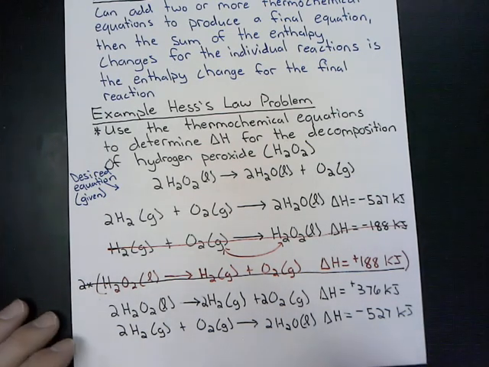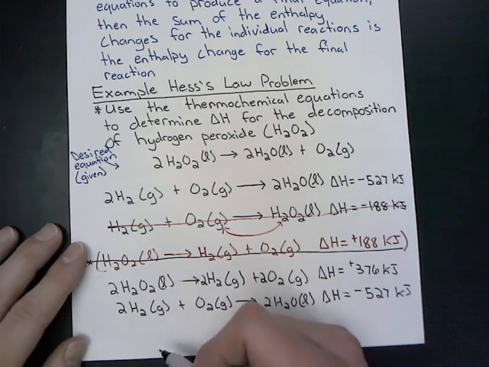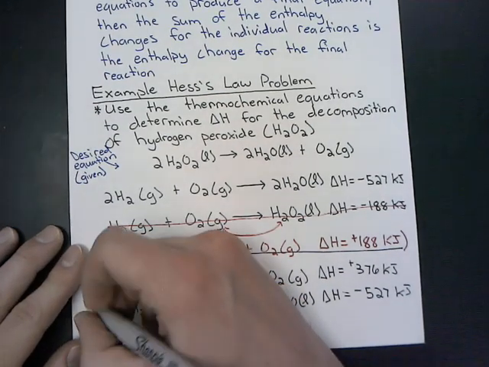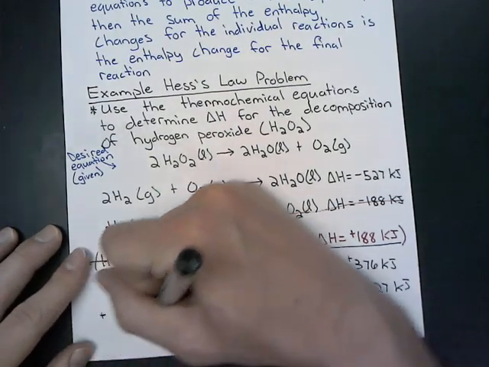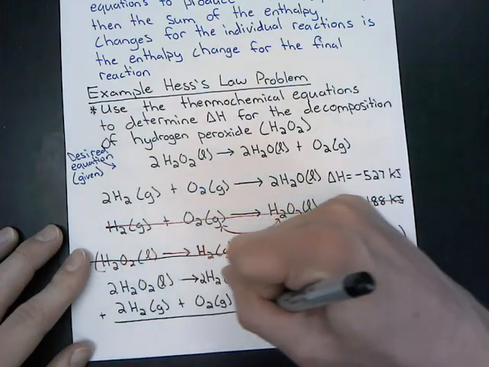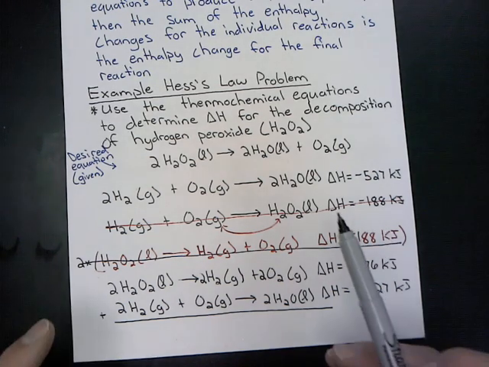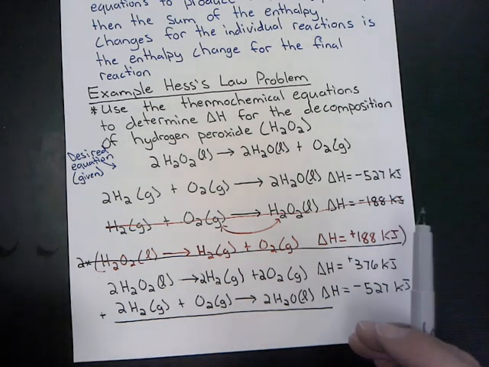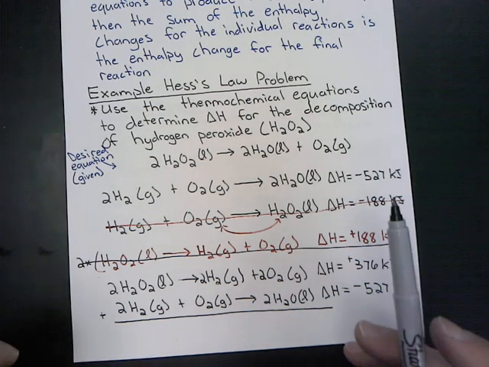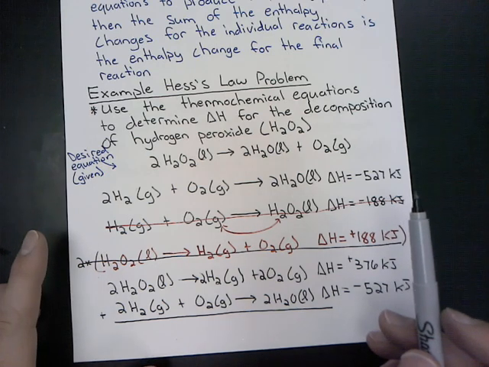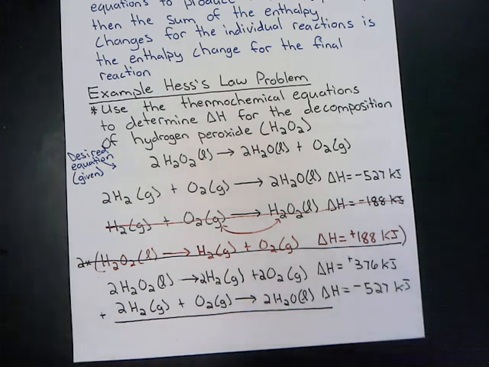So now comes the double checking. What I'm going to do with these two equations is add them together, and I'm going to do a couple of things before I just add them together. Number one, if the same substance is on one side of one equation and the opposite side of another equation, I can eliminate them. In math, they call that canceling out.